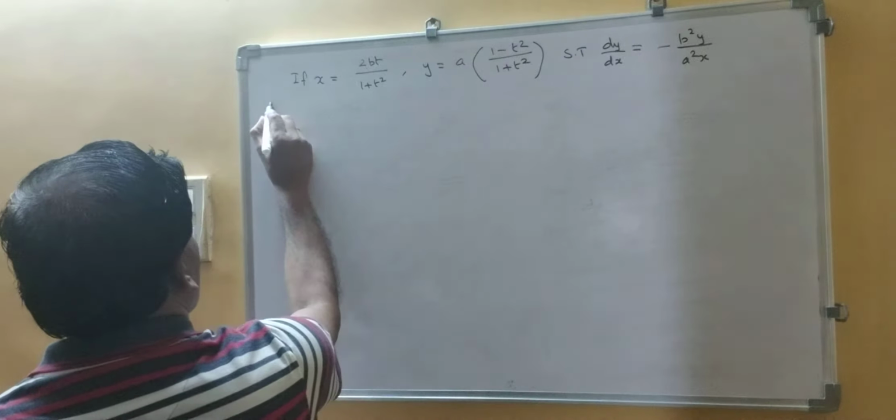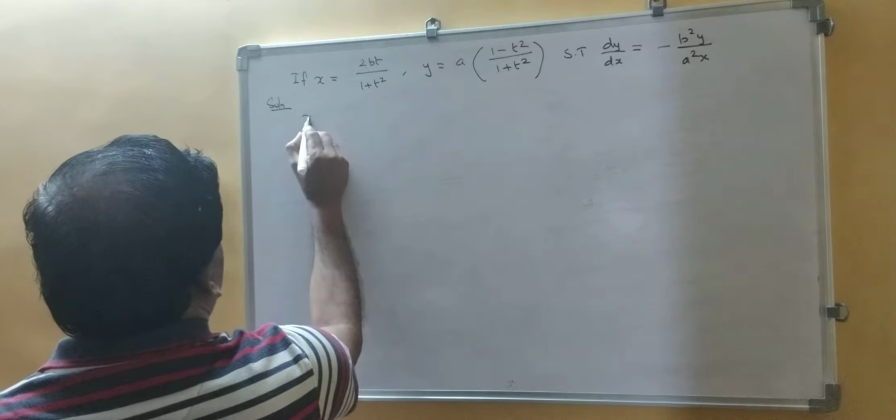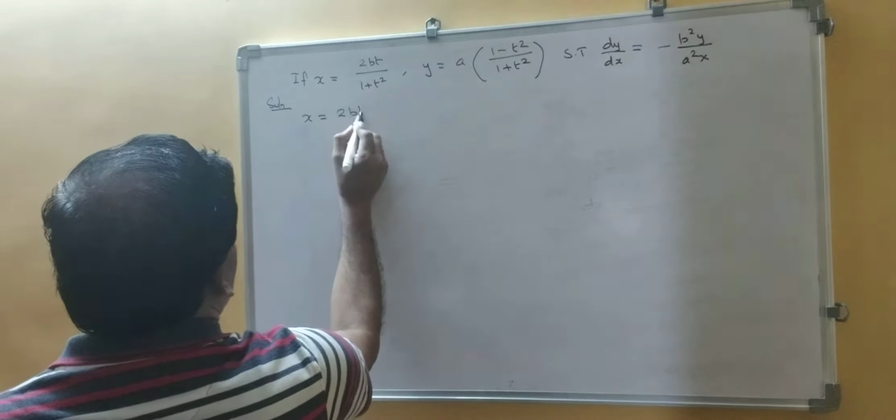Now solution. Look at this, 2bt upon 1 plus t square. You are knowing it. What is the sin 2 theta formula? 2 tan theta upon 1 plus tan square theta.